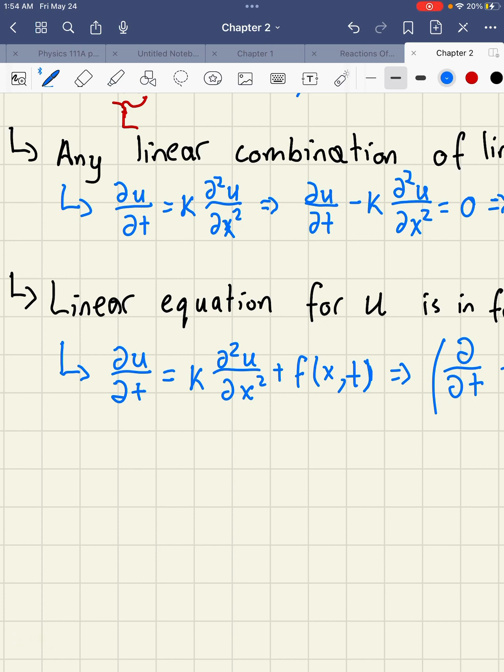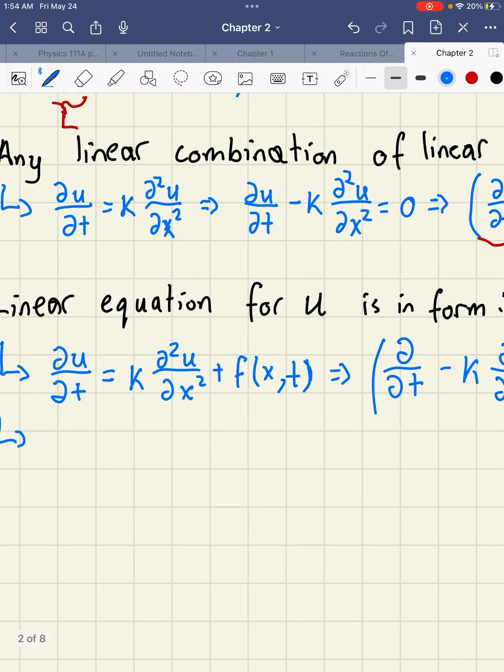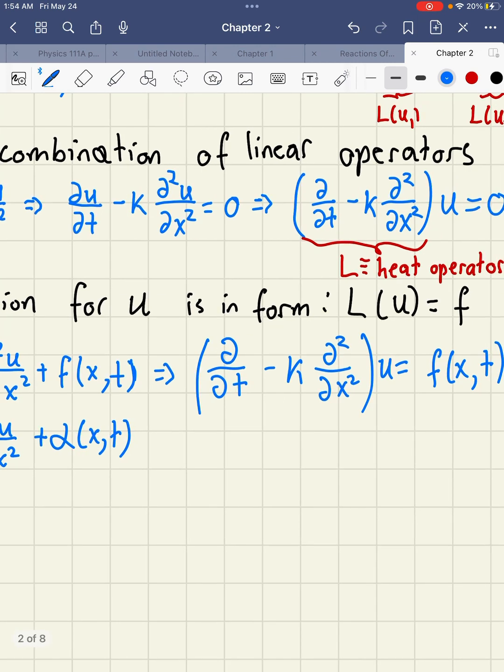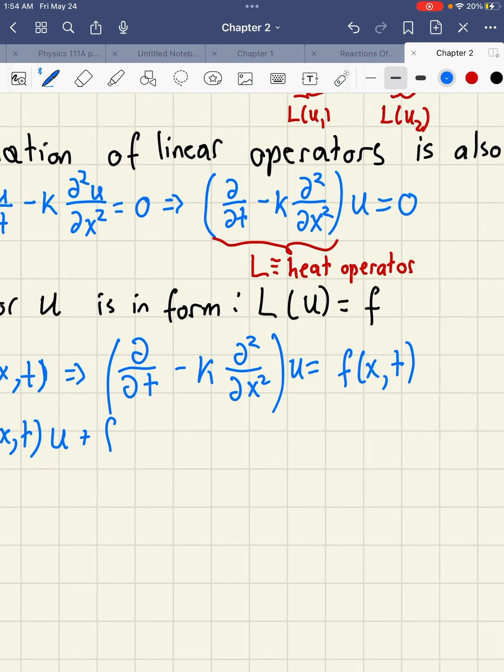Additionally, let's say my heat equation has another arbitrary function of position and time multiplying u.